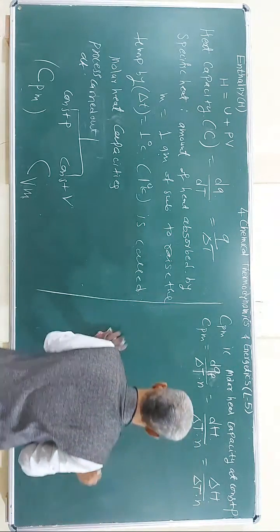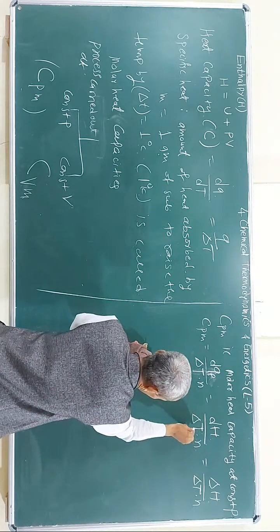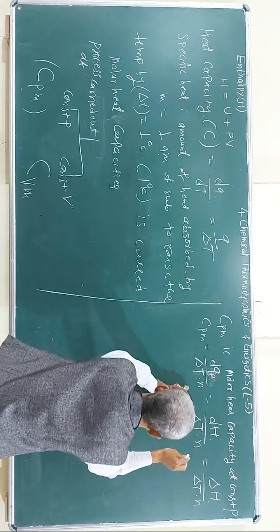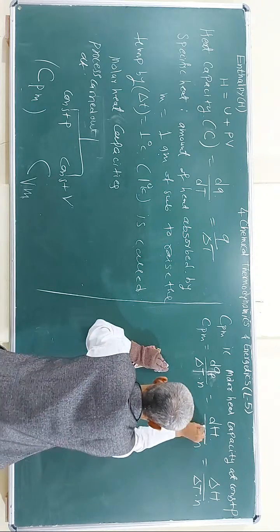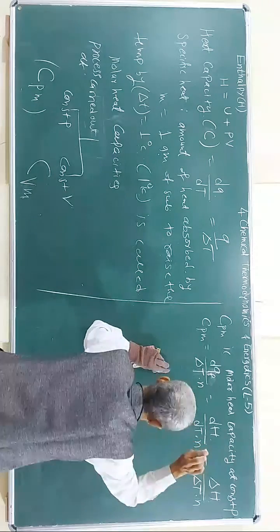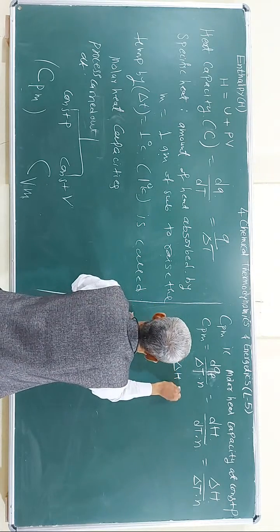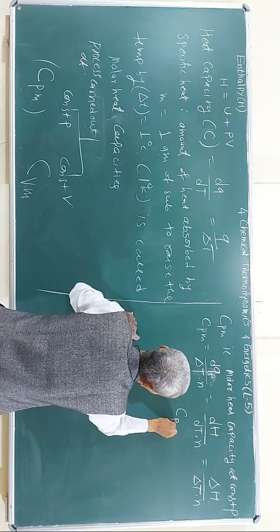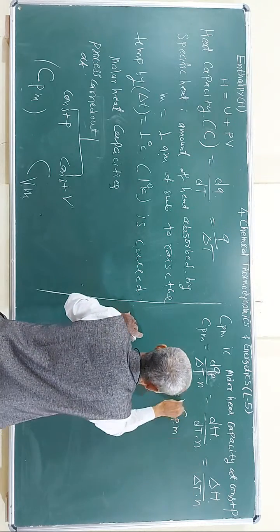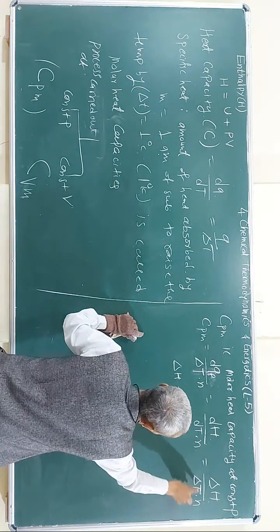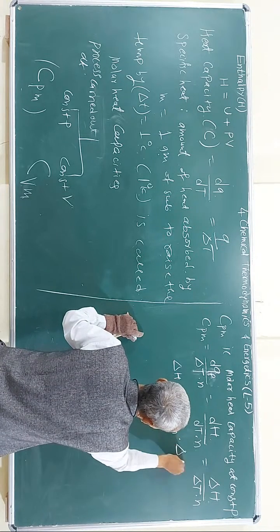Then if the change in temperature is small, this can also be written as dT. Or, in short, ΔH is equal to Cpm, the molar heat capacity, n times ΔT.